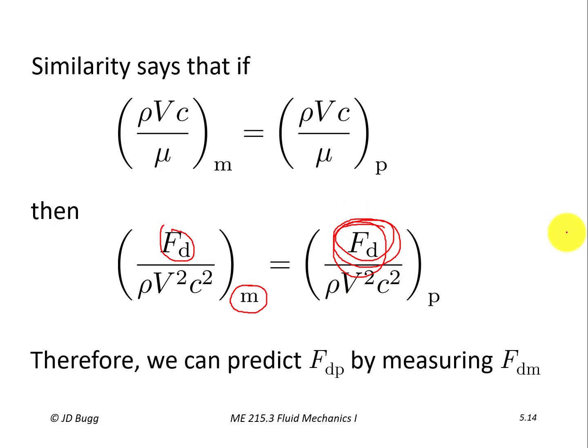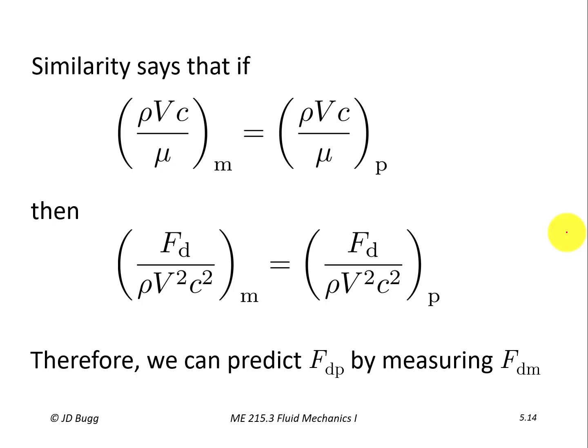So therefore, we can predict the drag force on the prototype by measuring the drag force on the model. And similarity is what allows us to do that. So like I say, in the next lecture video, we'll be showing you how to come up with these groups of variables that form dimensionless groups. But once we've done that, scale modeling becomes possible.